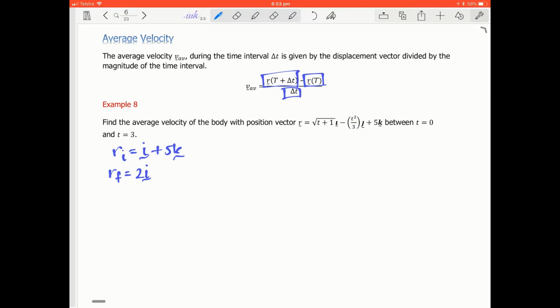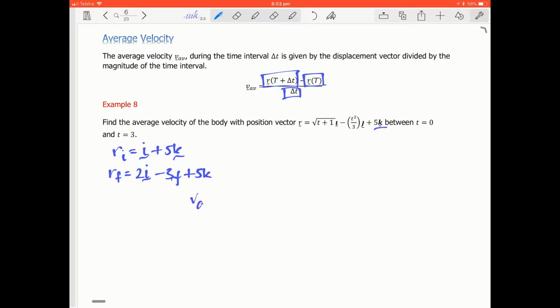What was on the bottom of that? When I put 3 into that, I get 9 on 3, which is negative 3j. And then when I put 3 into that, it stays the same. So this thing is going to stay at the same height, 5k.